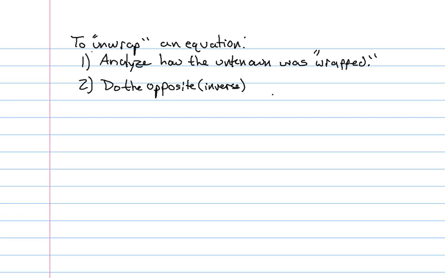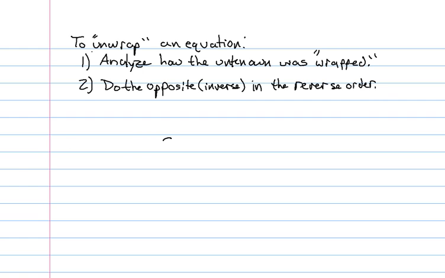So we're going to do the inverse things, the undoing things, in the reverse order. So if we started with squaring, then we will end with the opposite or inverse of squaring, which would be a square root. So let's take a look at another example.